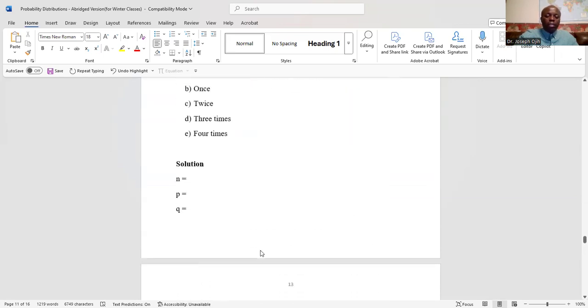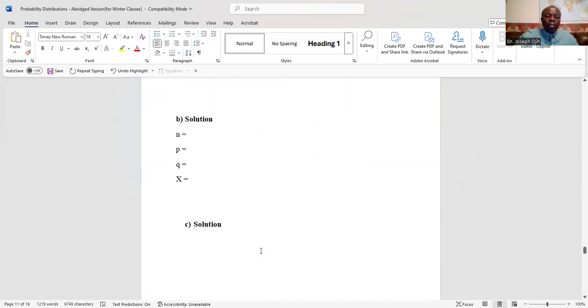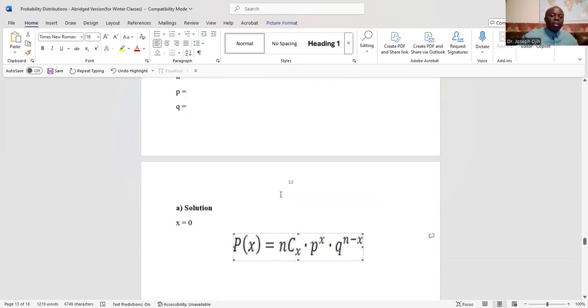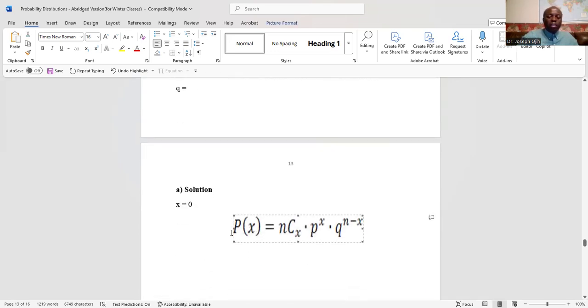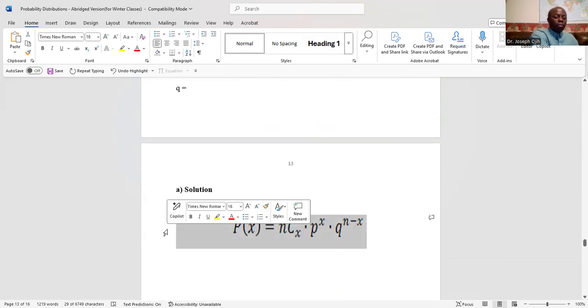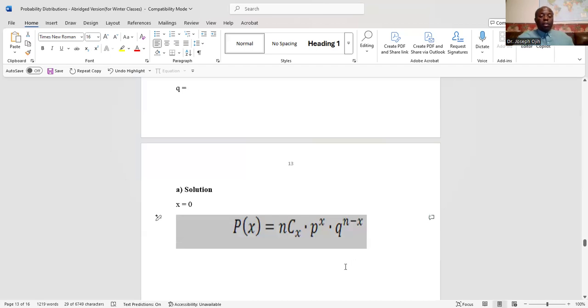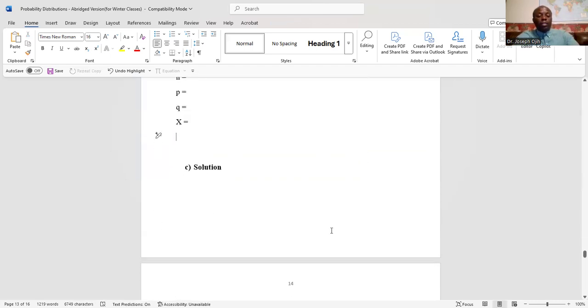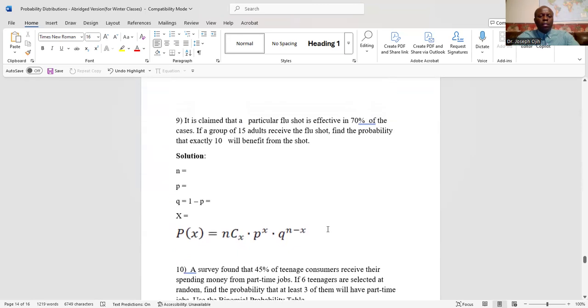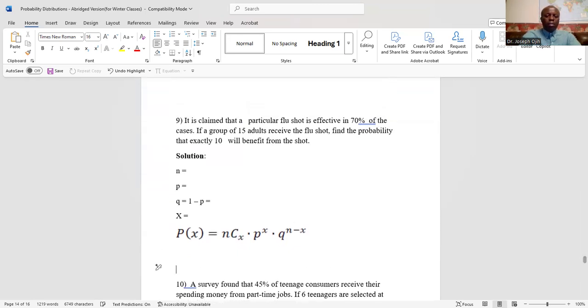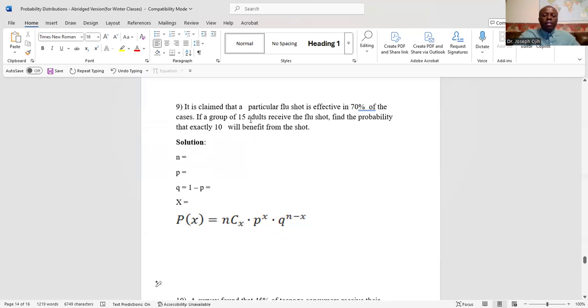So let's do an example. Let me copy this formula. You can try this one, it is easy, when you get the chance. Okay. Look at this example. It says, it is claimed that a particular flu shot is effective in 70% of the cases.